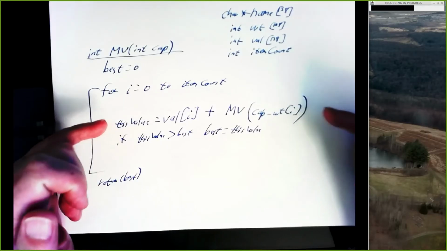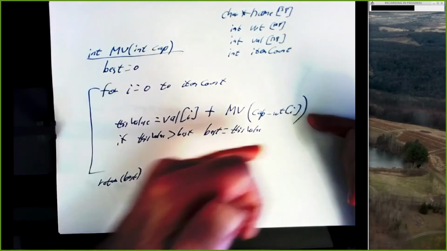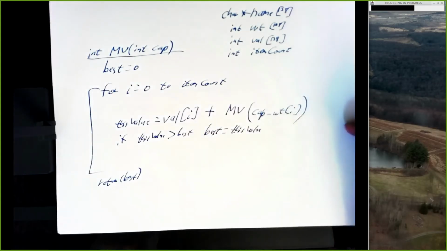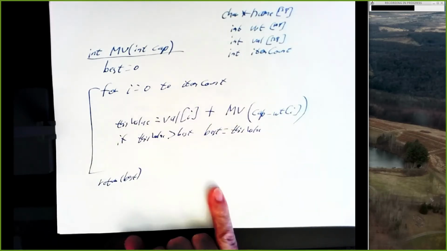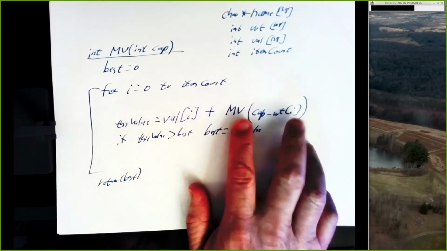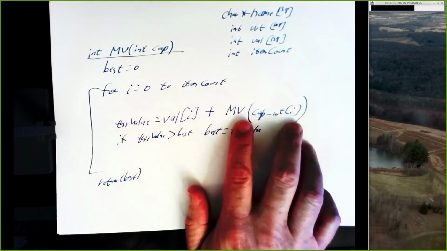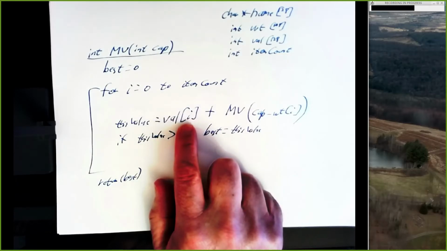This is only a possible value I can get from my bag if this item fits in my bag. Because the game we're playing here is, suppose I put item I into my bag. I get that value, and then I might get some value from what's left over, space-wise, in the bag. But if that item doesn't fit, I don't get that value out.